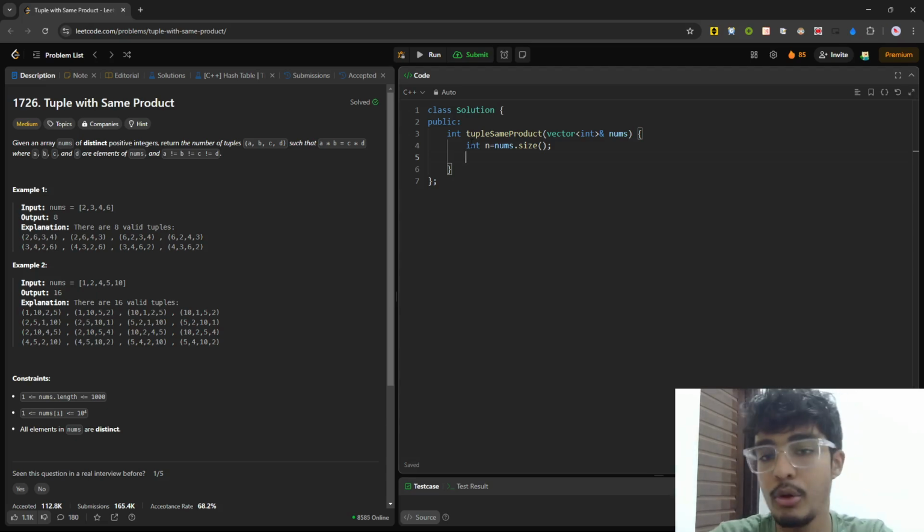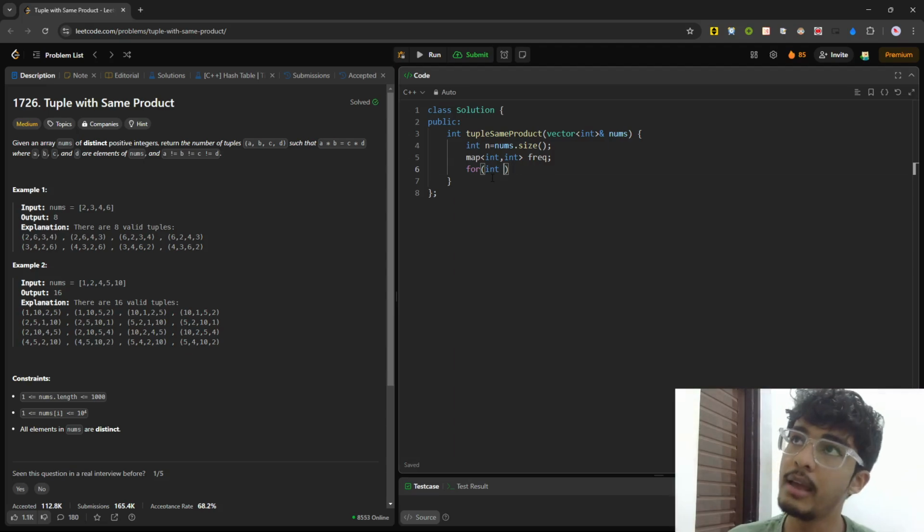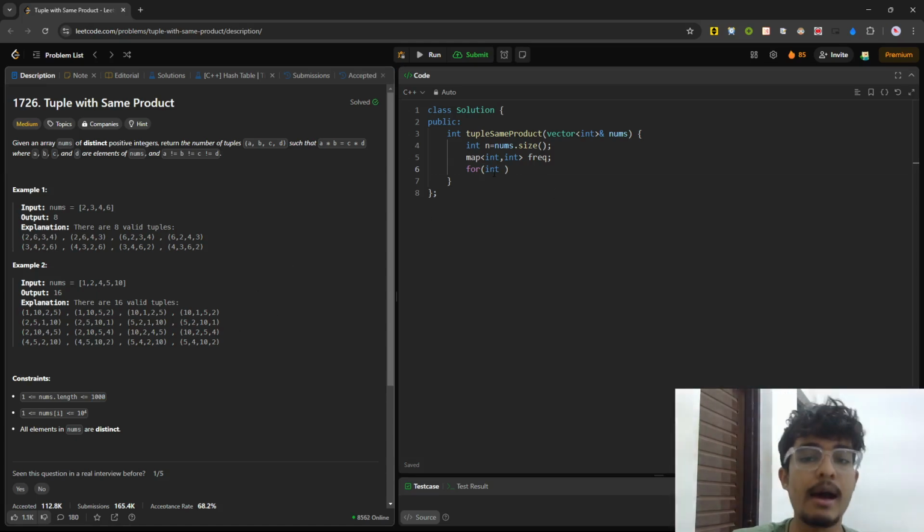Here I am going to use a map which maps an integer to an integer, named frequency. Now I will iterate through all the possible pairs in this array nums. For that I will be using big O of n square time complexity, which is allowed here because the maximum length is 1000.